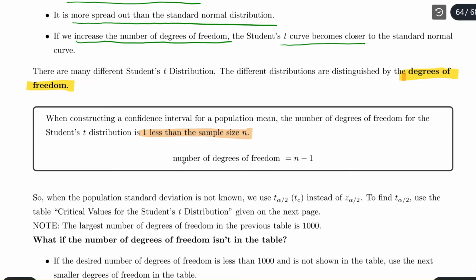So essentially, we just do sample size minus 1. Then we get degrees of freedom. And I'll show you where we use the degrees of freedom when we find the margin of error.